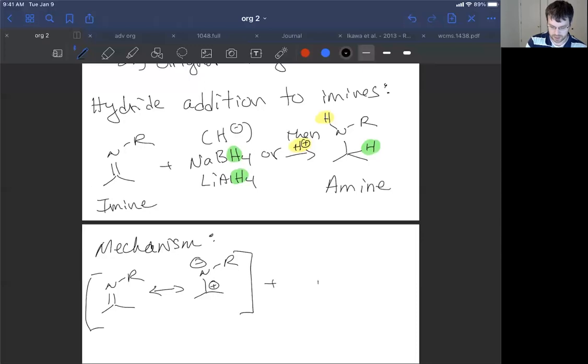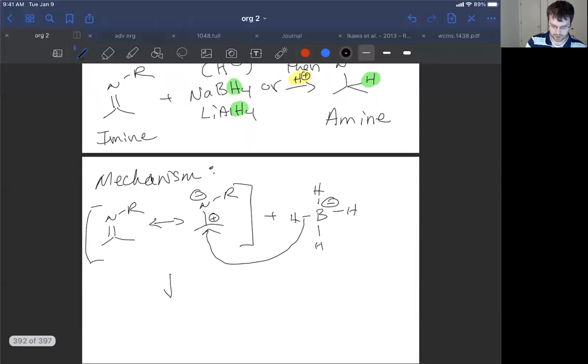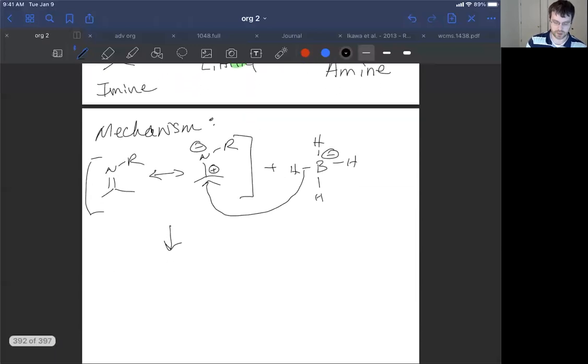We're then going to add our hydride donor. In this case, I'm going to choose the BH4 anion, and I'm just going to show the negatively charged hydride adding to the carbon. I'm not going to worry about the boron complexing to the nitrogen, though it indeed does, at least to a certain extent.